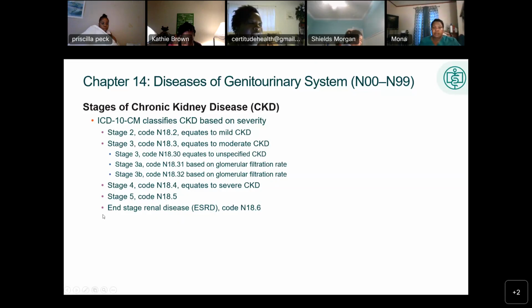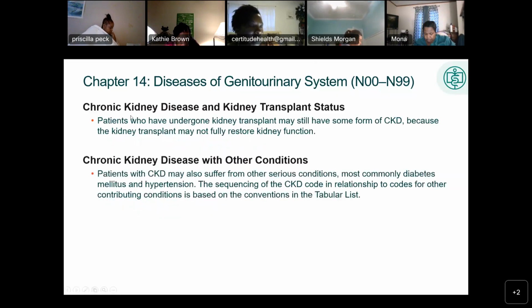And then end stage renal disease, the point where someone would be in need of a kidney transplant, which is greater than stage 5, is N18.6. And that's also all available to you in guideline 14.A.1.